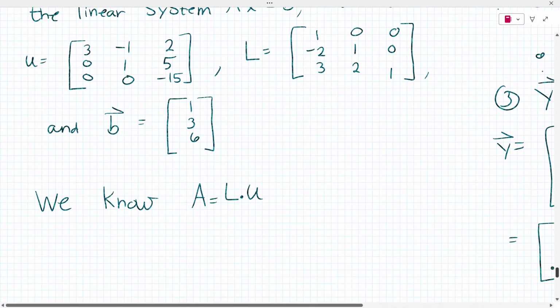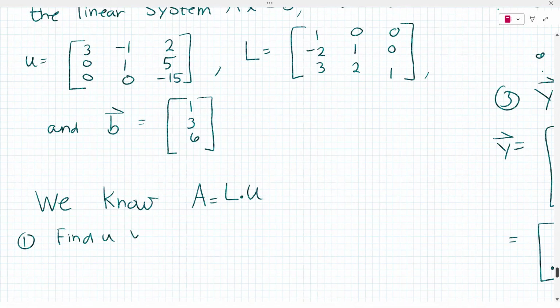So we know that A equals L times U. What we have to do is find U, which was given. So step 1, find U. You could put a check mark because we already found it. Step 2, find L, which we found.